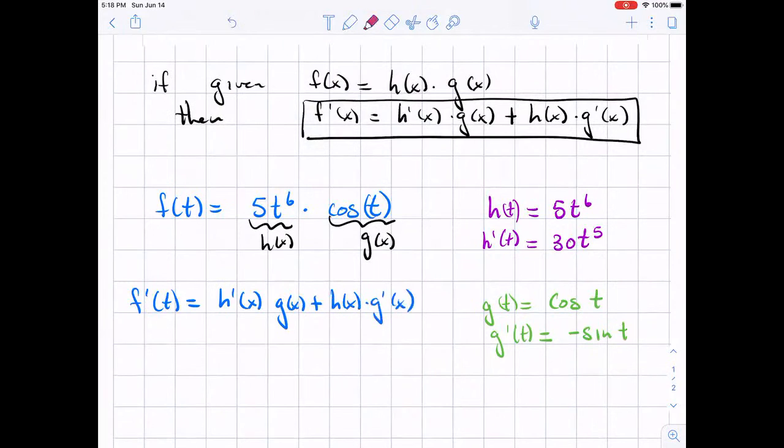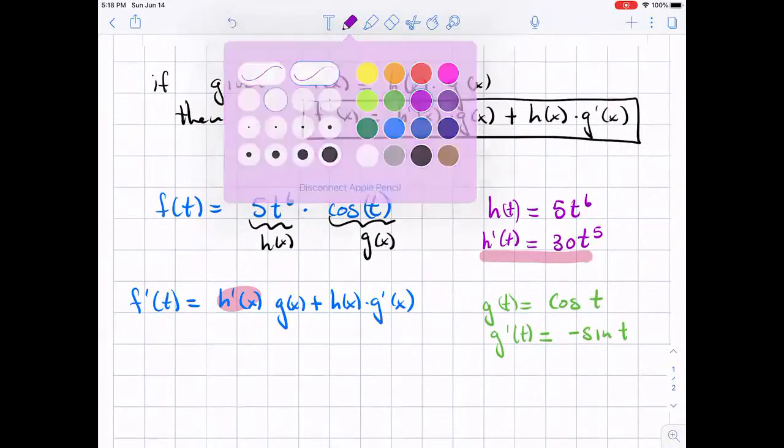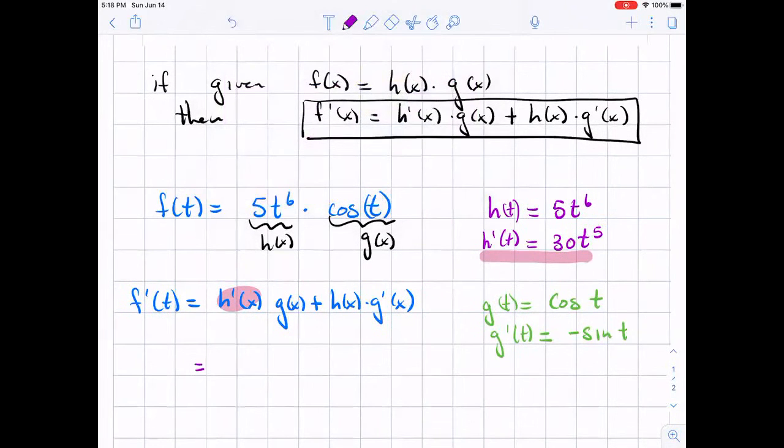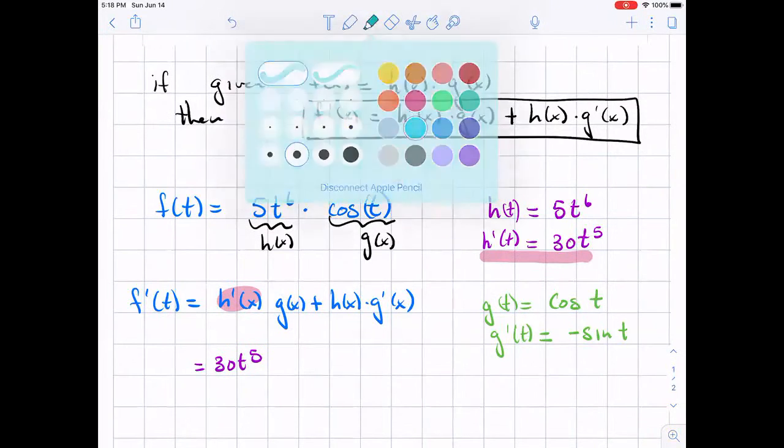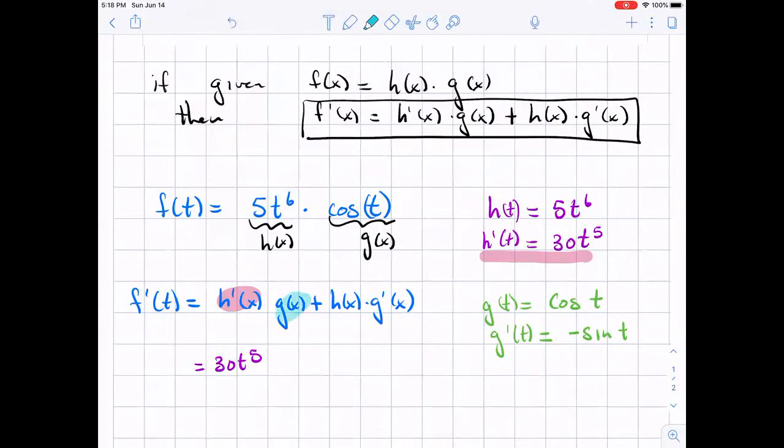So let's just plug in. Instead of h prime, I'm going to write this here. So that becomes 30t to the 5th. And then we have g of x. g of x, or g of t, all of these are supposed to be functions of t. So let me change them and write the t's. I keep writing x's.